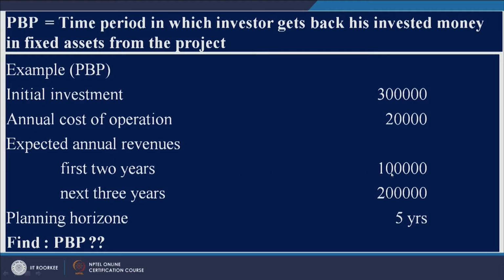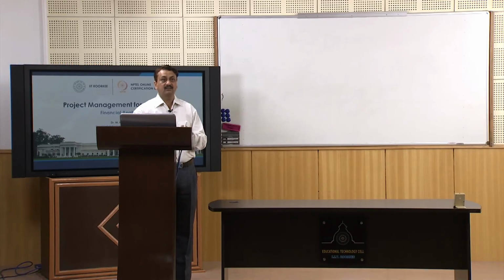For the first 2 years you would be getting 100,000 rupees. After the first 2 years, for the next 3 years the returns are 200,000, and the planning horizon is 5 years. Now, you are supposed to find out the payback period.